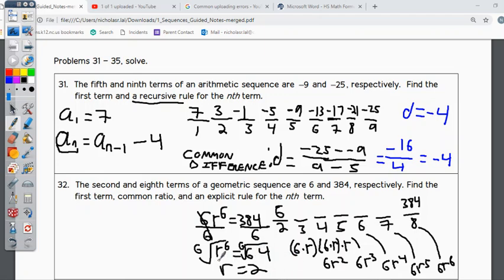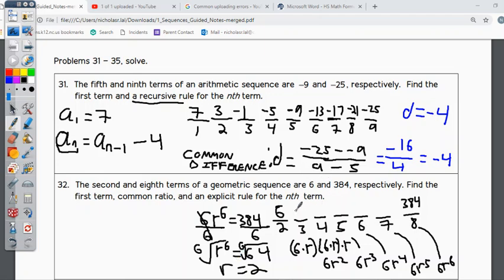Because if you think about it, 2 times 2 is 4, times 2 is 8, times 2 is 16, times 2 is 32, times 2 is 64, which is 6 twos.